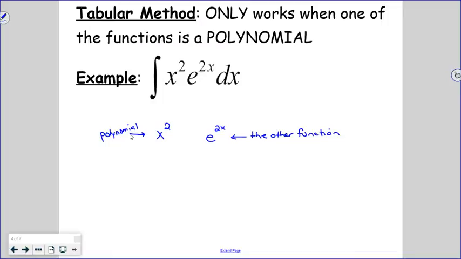I'm basically creating two columns here. The first column, we will go through the process and take the derivative of this until we get to 0. The second column, we will just continue to take the integral, or to integrate.